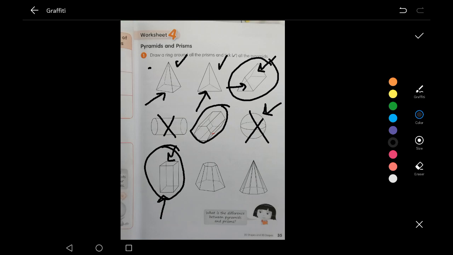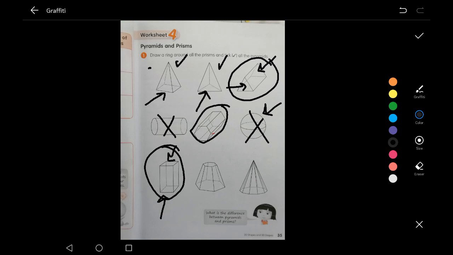So here in this shape, most of you will think we have two bases that are hexagonal, and all of the other faces are rectangles. But they are not rectangles. They are quadrilaterals, but they are not rectangles.